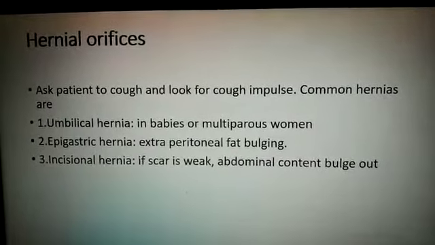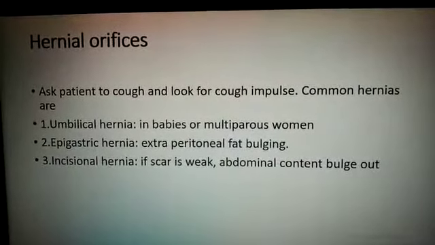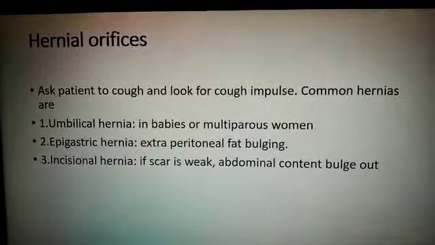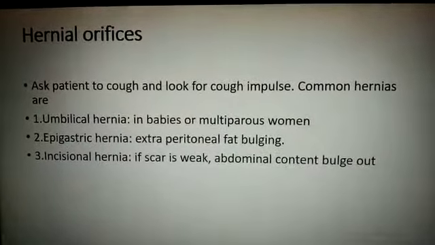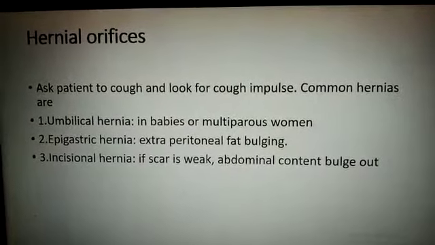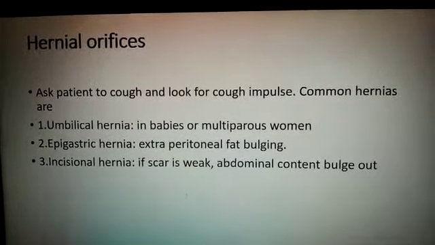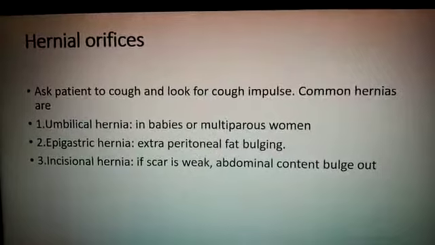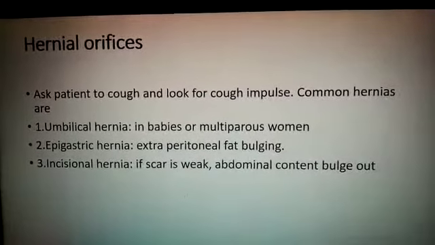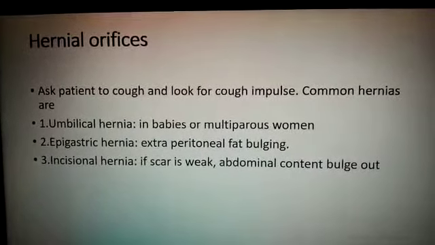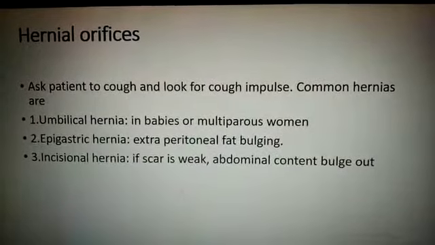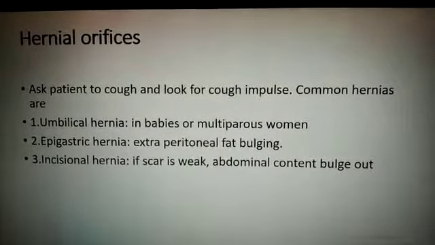Then, coming to hernial orifices, ask the patient to cough and look for cough impulse. Common hernias are of three types, which include umbilical hernia, epigastric hernia, and inguinal hernia. Umbilical hernia is present in babies or multiparous women.